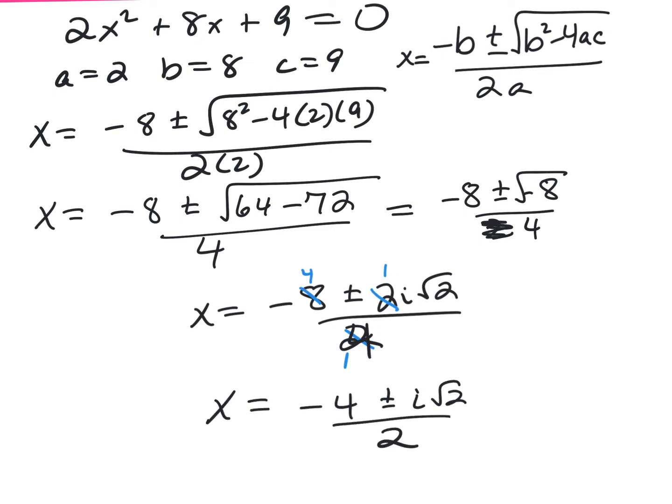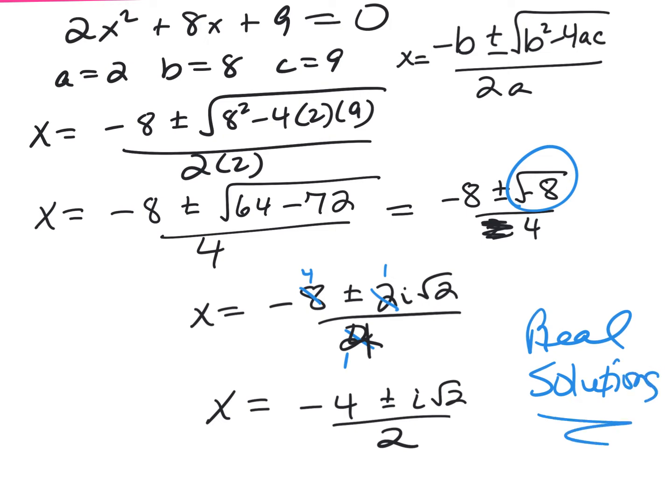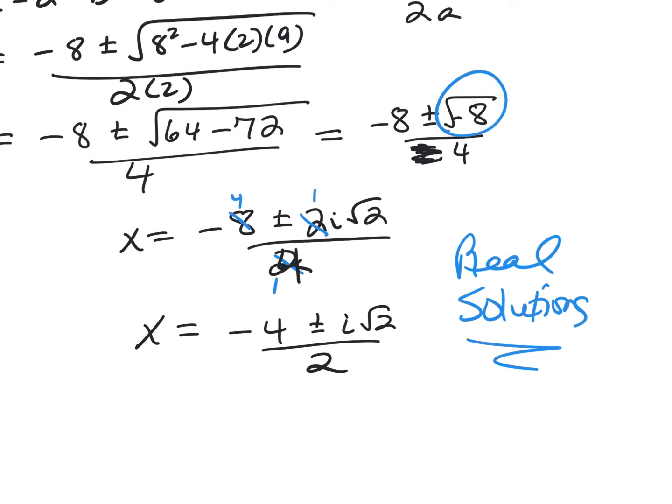Okay, so now on WebAssign, as soon as you got this, you could have stopped because WebAssign only wants real solutions. So for WebAssign, as soon as you get a negative discriminant, or a negative number under the radical, you're going to stop and you just say no solution.